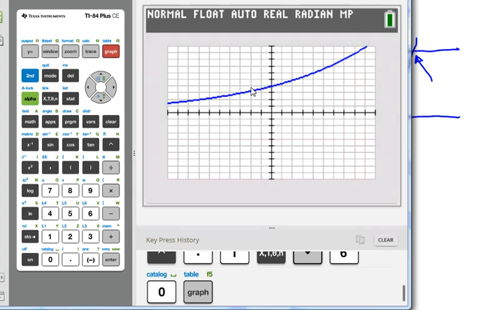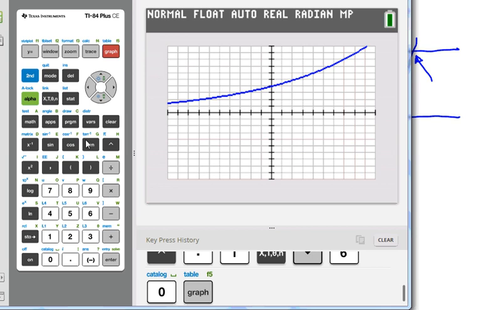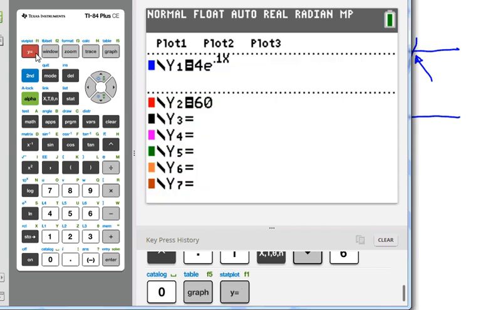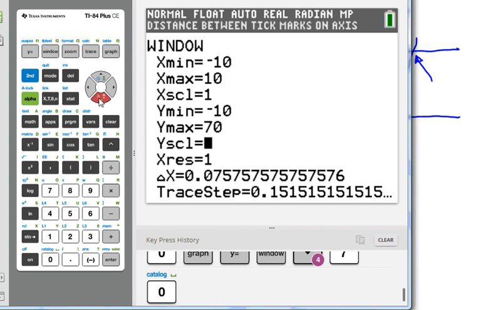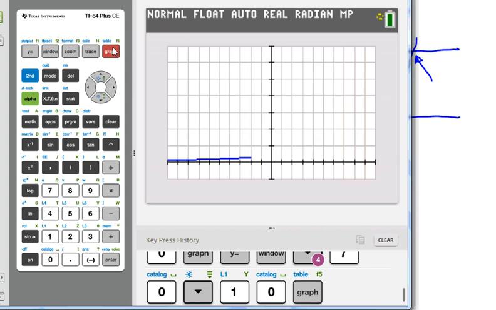What we need to do is change our window so we can see that second equation. So I go to 70, and I'll go ahead and graph it to see what this looks like.